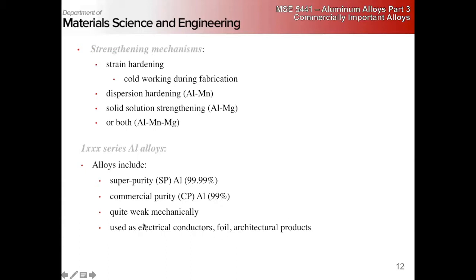In the 60s and 70s, aluminum electrical wiring was quite common, and it ended up being a fire hazard because people mixed aluminum and copper wiring together and had corrosion, which led to resistance fires, essentially. Uses also include aluminum foil and architectural products like the window frames in the lecture hall.